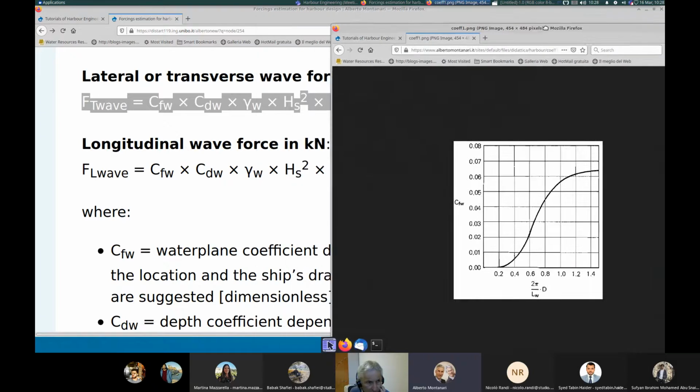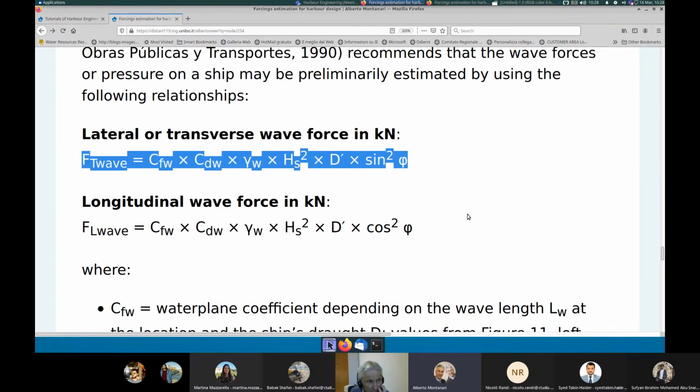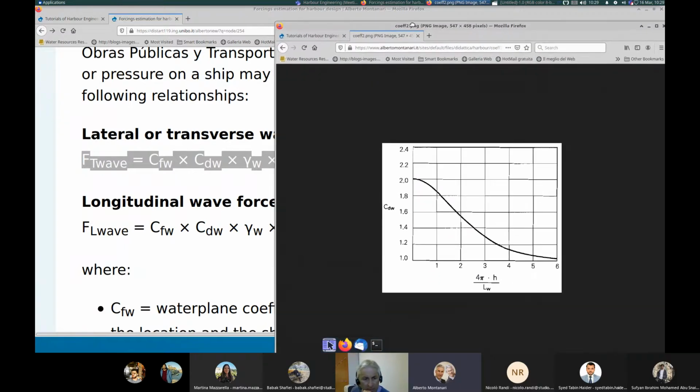Okay, good. Now, let's go back to our formula. And then we said there is the CW depth coefficient, which depends again on the wavelength and the water depth at location. And let me show you the abacus from which we can estimate it.